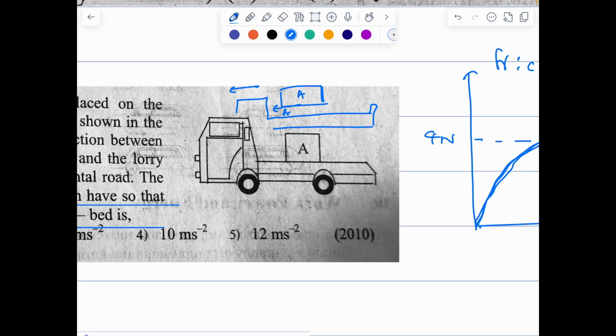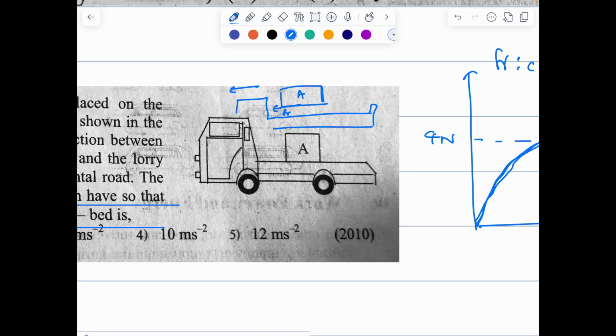But suppose the acceleration is very high, the block is not able to have that acceleration. Why? Because the block gets the acceleration due to friction, and there's a maximum value for the friction. If in case the acceleration demands a force of friction, right?